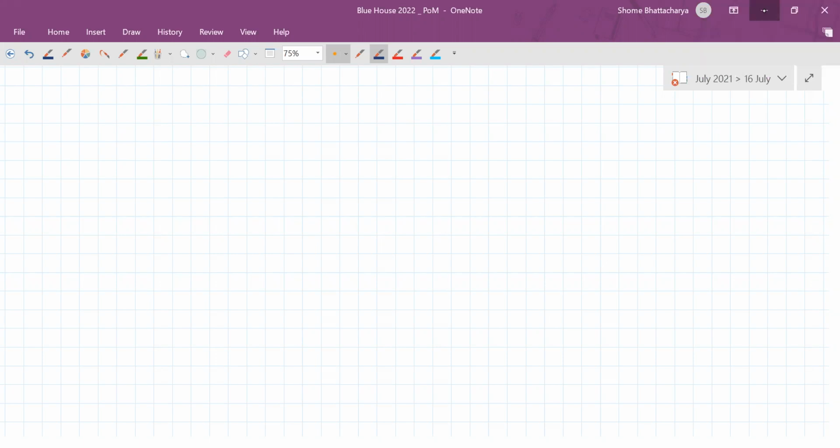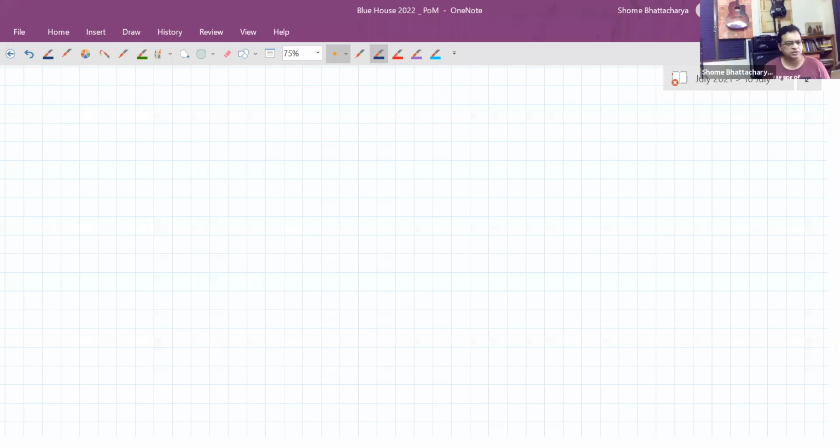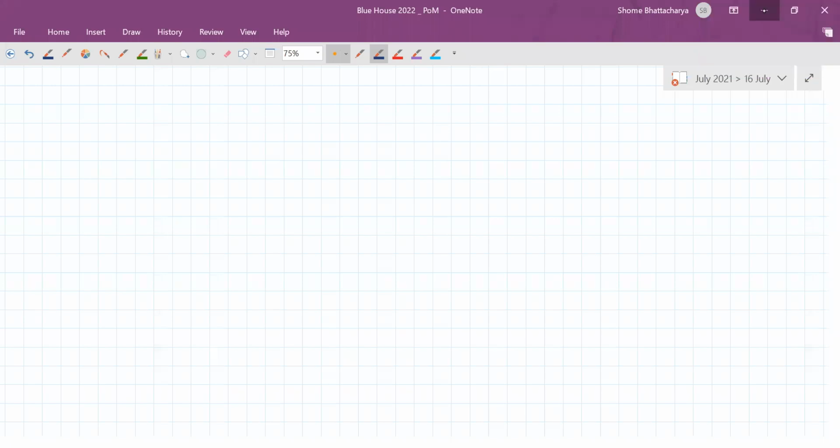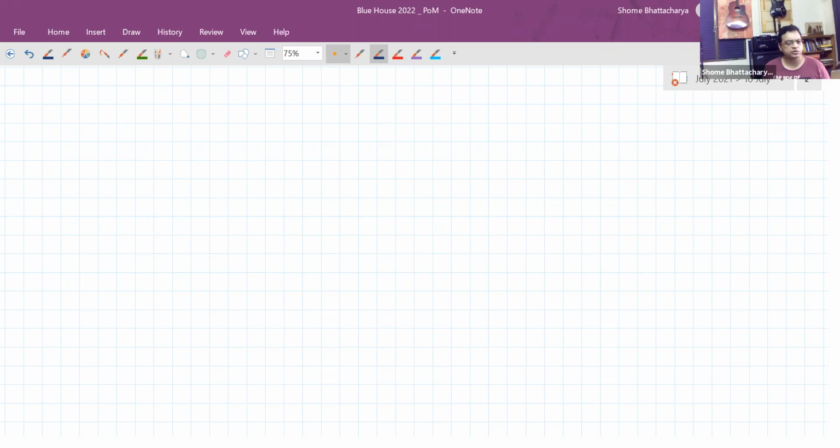Sir, what is the meaning of Reynolds number? Yeah, you can just see the formula of it in your module. It is a calculation which is done to understand whether the flow of a liquid is streamlined or not. It's not in your syllabus, you need not worry about it.